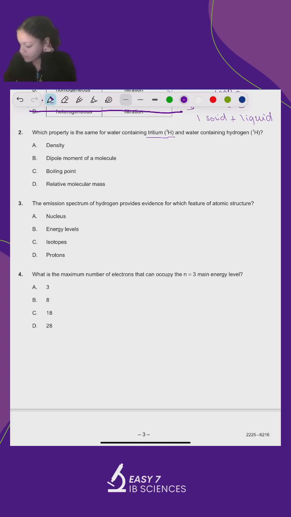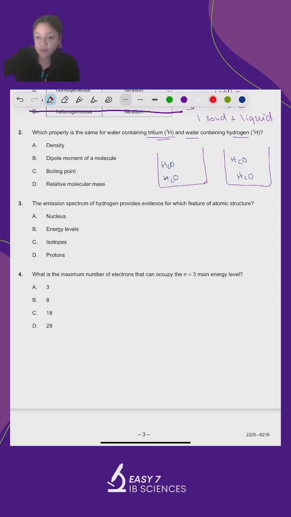Okay, so we have water that contains hydrogen and water that contains H3. So what does that mean? It means that you have a test tube, for example, or some sort of container that has a bunch of water molecules, and we all know that water is like H2O, H2O, H2O. But that water also has another type of hydrogen in it.